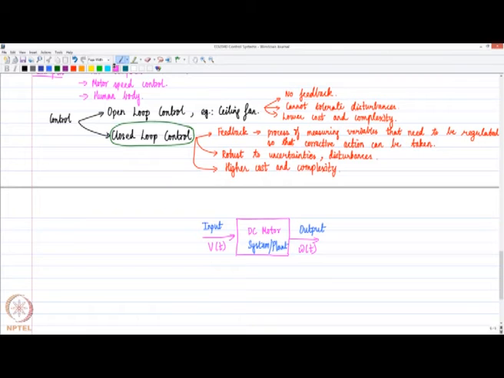Suppose let us say I want a desired output, okay. Let us say a desired RPM of rotation from the motor. So, this is what we call as a reference input, okay. And what we do then is the following.